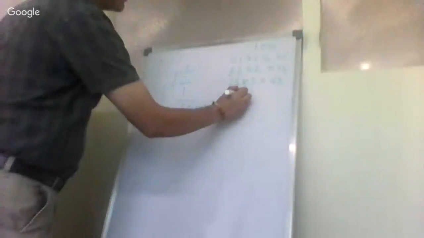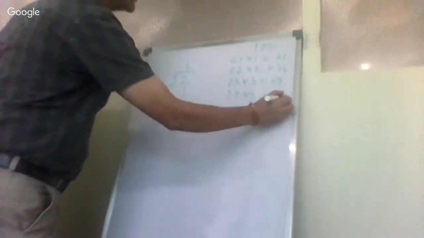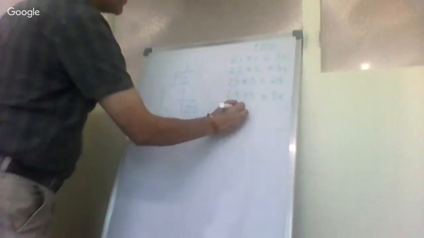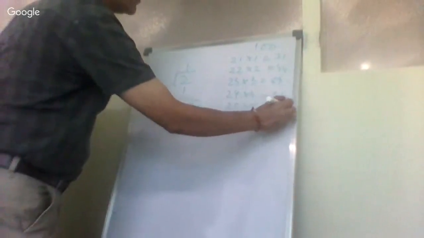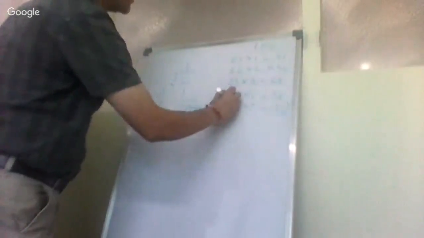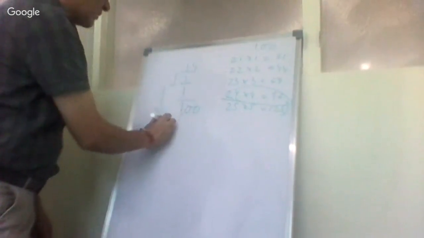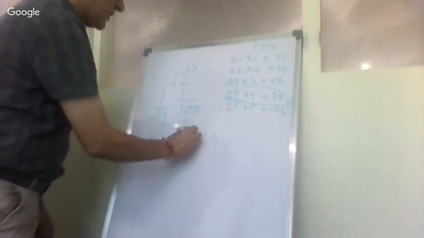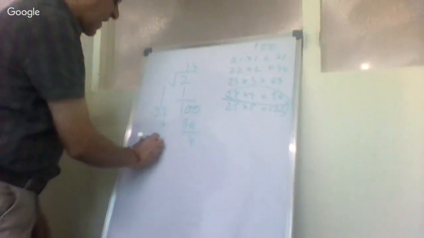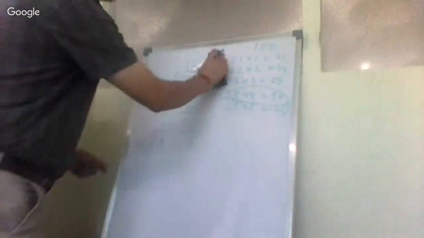Less than 100. 24 multiplied by 4 is equal to 96. Less than 100. 25 multiplied by 5 is equal to 125. 125 is greater than 100, so we'll consider this one. This is 4, 4, 4, and here we get 96. Remainder again 4, and this we add, we get 8. Can you continue? Yes. Next step.